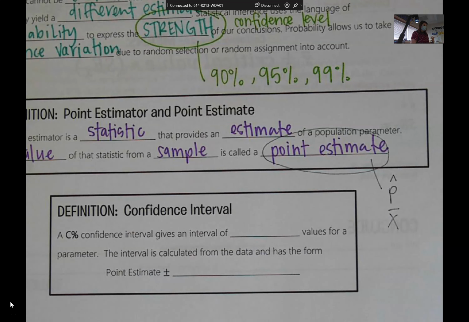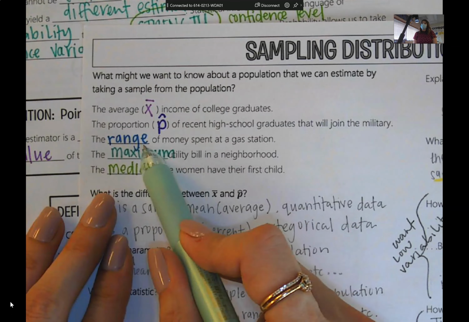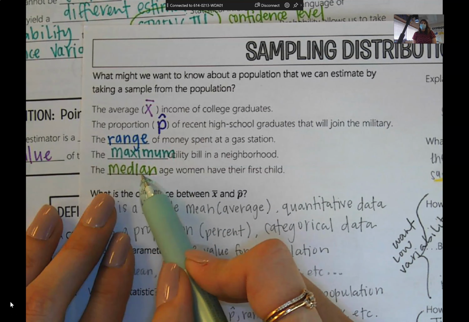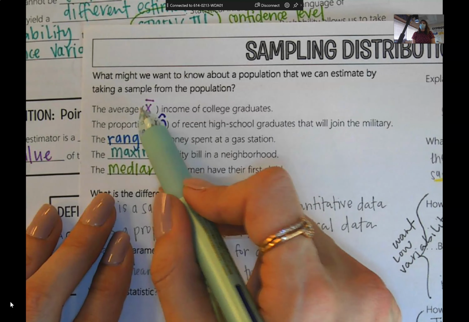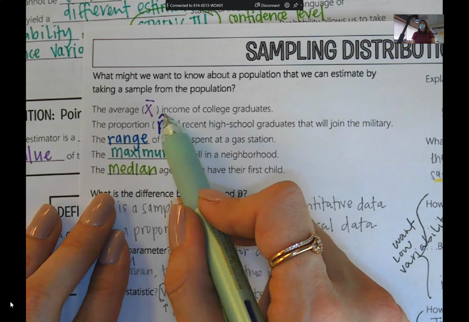Now, on our chapter overview, I mentioned some other ones that I thought might be interesting to know in addition to these two. Our statistic could also be a range, or a maximum value, or a median value. It's not always just the average of the sample or the percent of the sample.